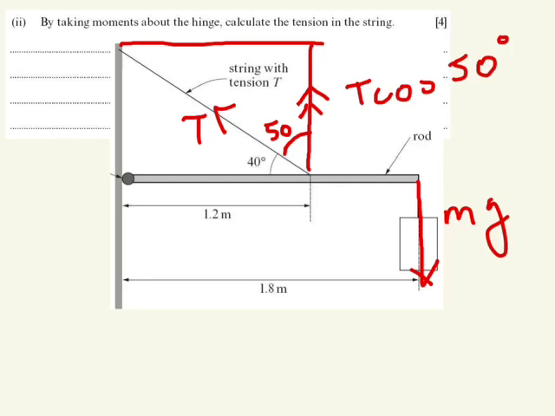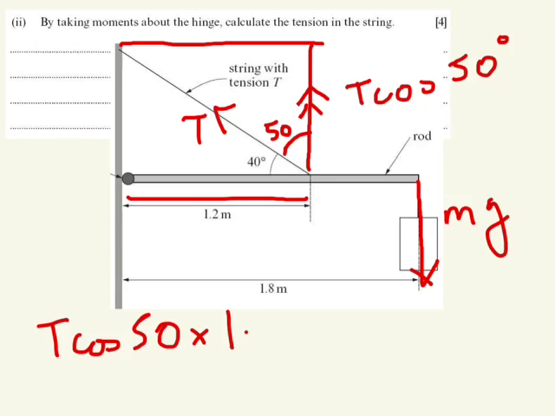So now we've got T cos 50 degrees acting upwards times the distance away from the pivot that it is, which is 1.2, and that's going to be equal to the weight of the object, mg, which is 9.6 times 9.81, acceleration due to gravity, times the distance away that is, which is 1.8.